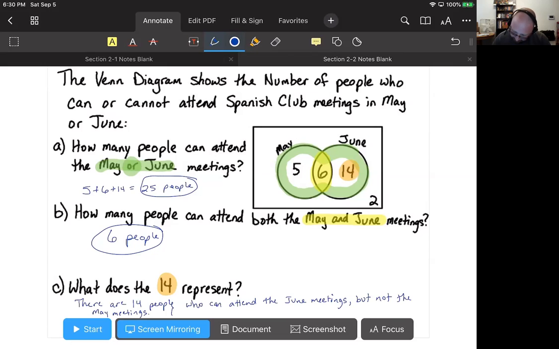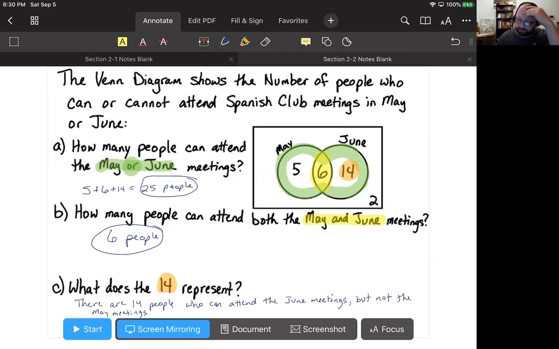Okay, that 14 is representative of the people, the kids, the Spanish club members who are able to go to the June meeting, but they can't go to the May meeting. Notice how we're in the June circle, but we're not in the May circle. So that's an example of a 2-circle Venn diagram problem. Okay, the types of problems that we could see.